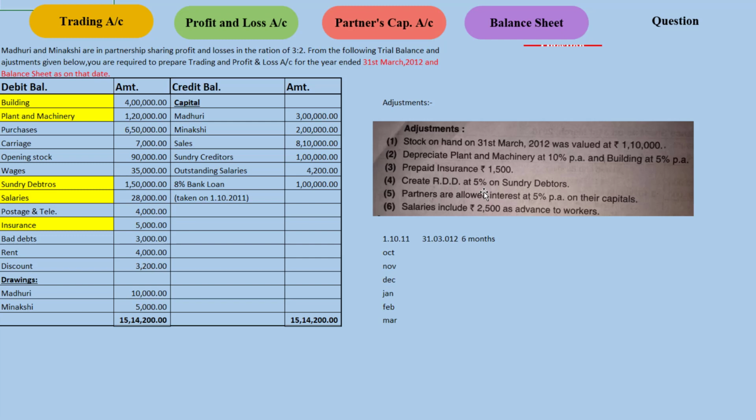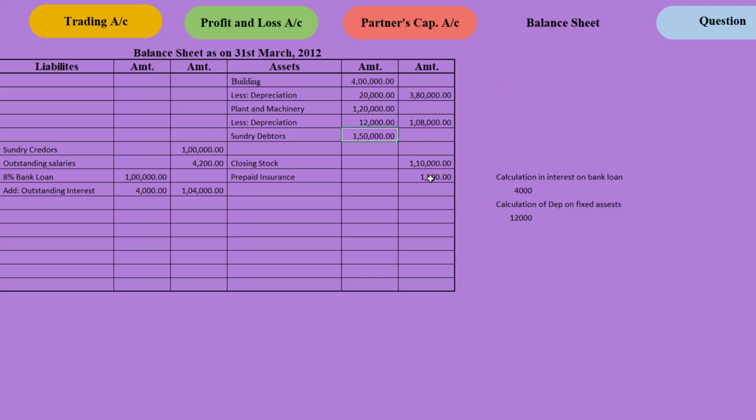Now this RDD is 5%. So go to the debtor. This is the amount of debtor. Same way, calculation is the same.